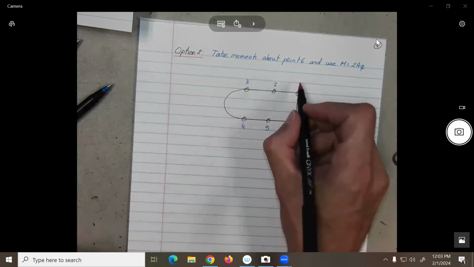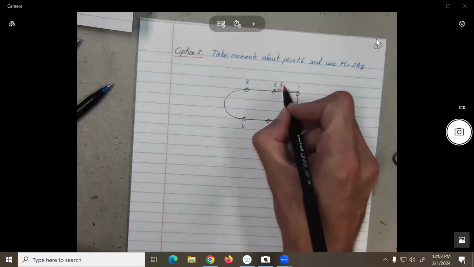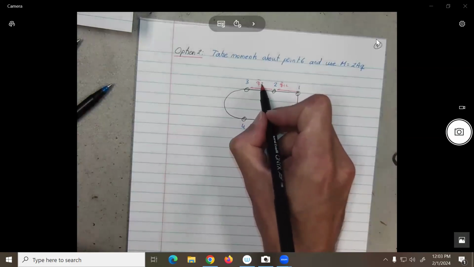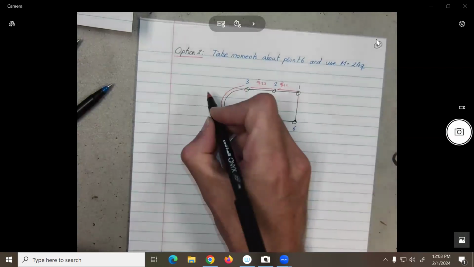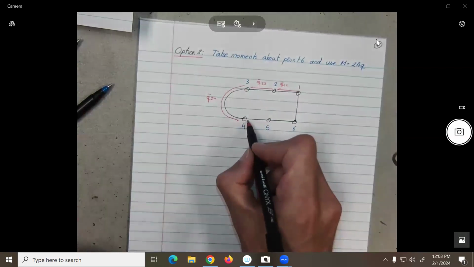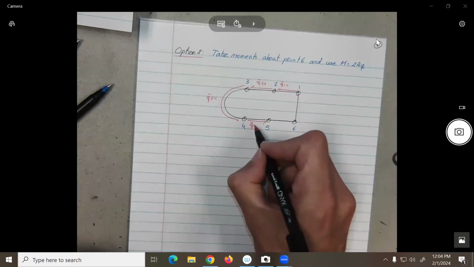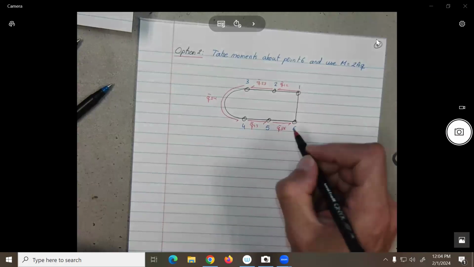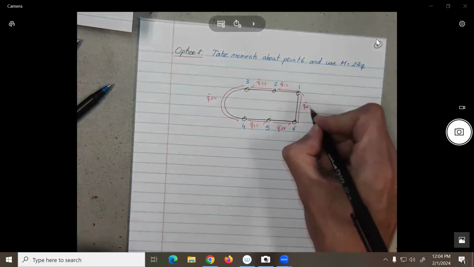So it will be Q bar 1,2, Q bar 2,3, Q bar 3,4, Q bar 4,5, Q bar 5,6, Q bar 6,1.